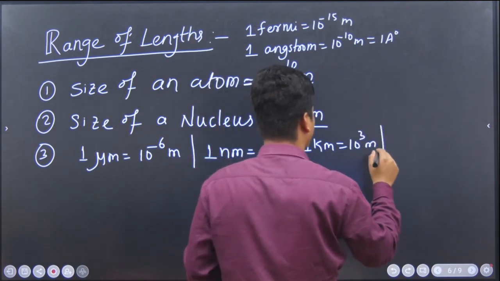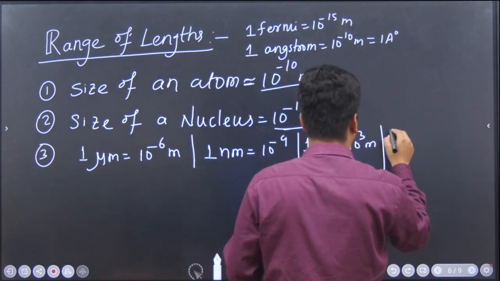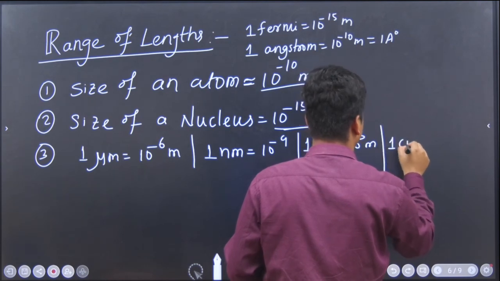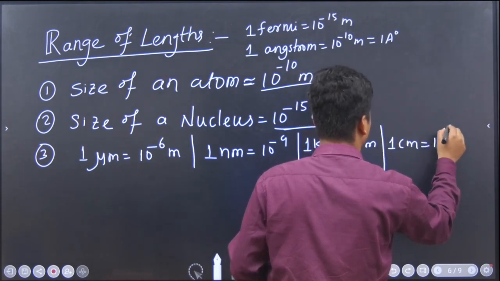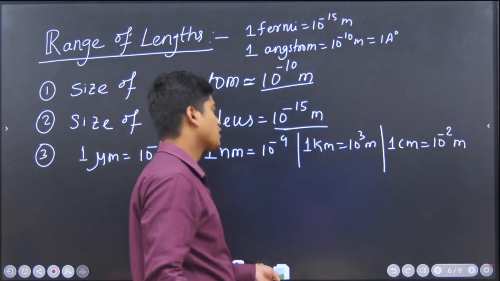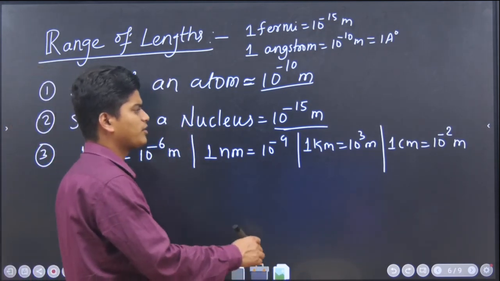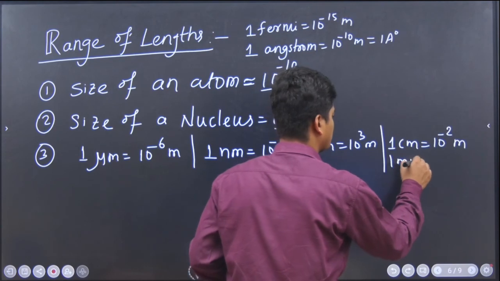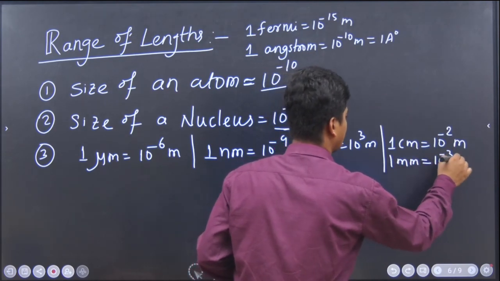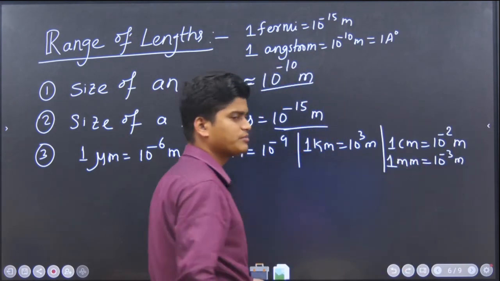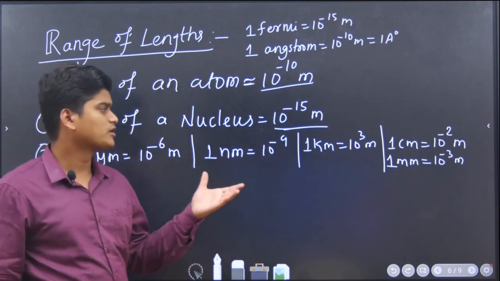Okay. So, there are many units you can write, and 1 centimeter is 10 to the power minus 2 meter. So, this is the conversion you can remember here, and 1 millimeter, already you know, is nothing but 10 to the power minus 3 meter. This type of thing you remember, because most of the time you need to convert units and calculate.